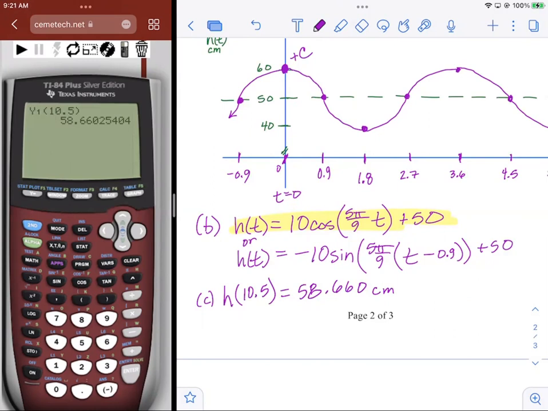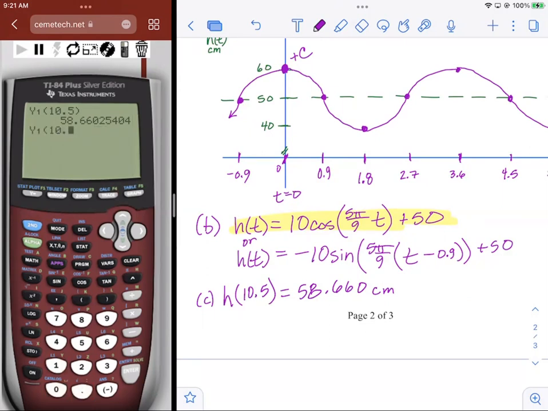Okay. Now, how do I know at that moment, since I don't have the graph, it's not blinking, I can't see it, how do I know if it's moving up away from the floor or down towards the floor at that moment? Yeah. Very good. This is just another option. So hit alpha trace again, and you can type in a value that is a split second after that.